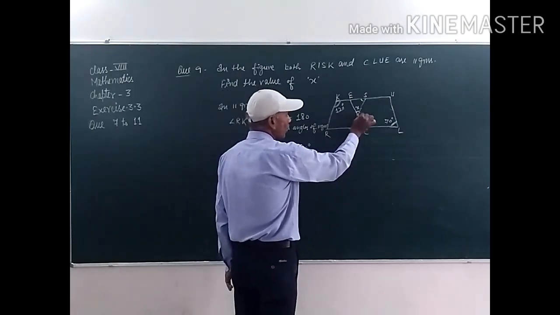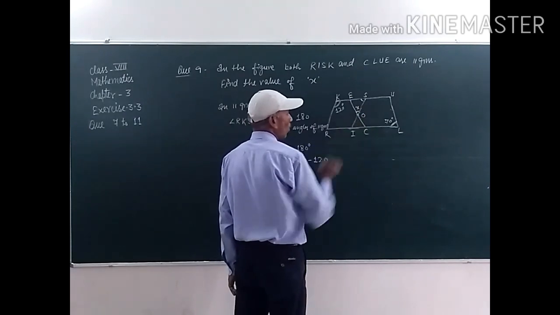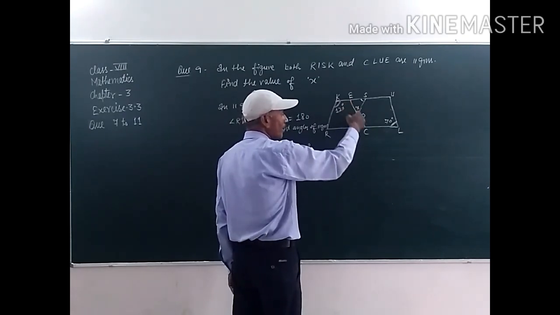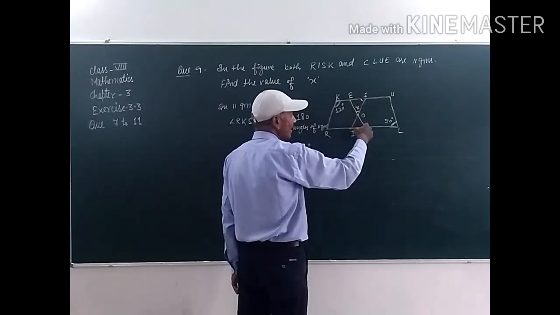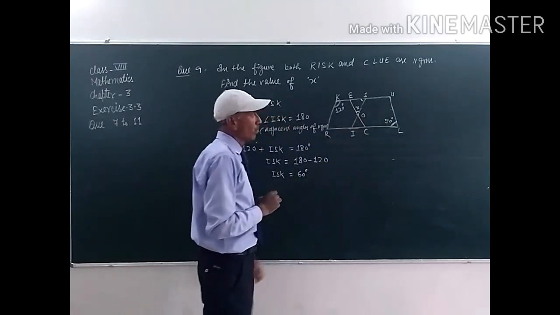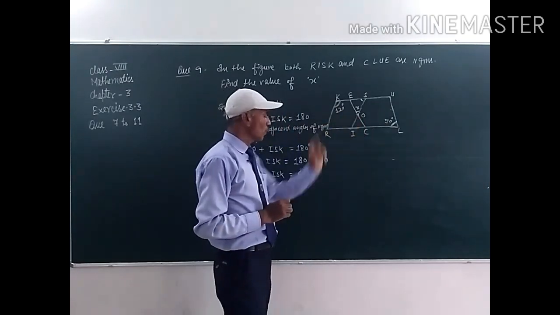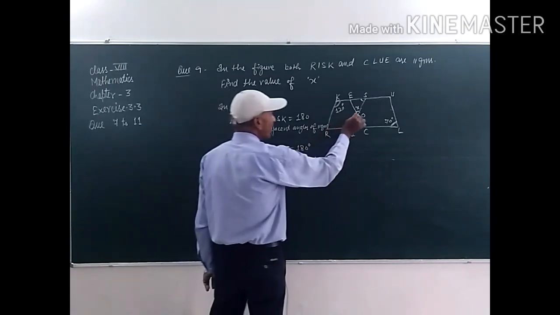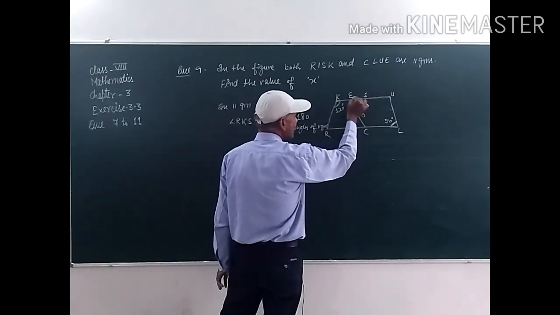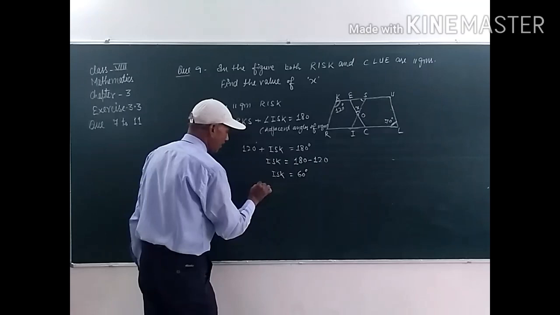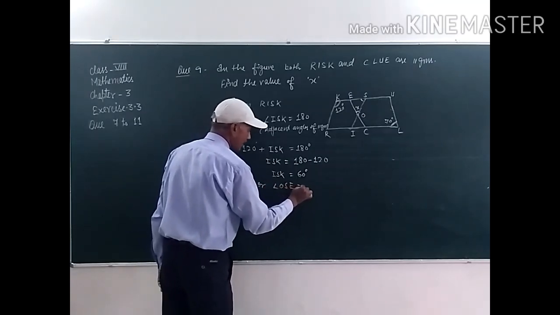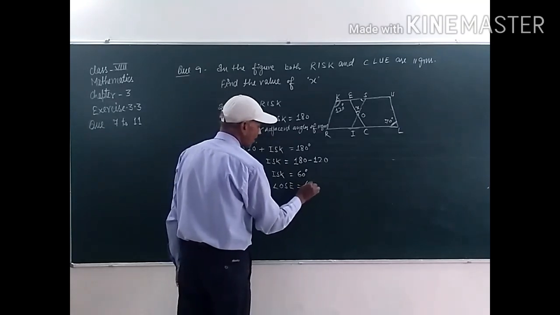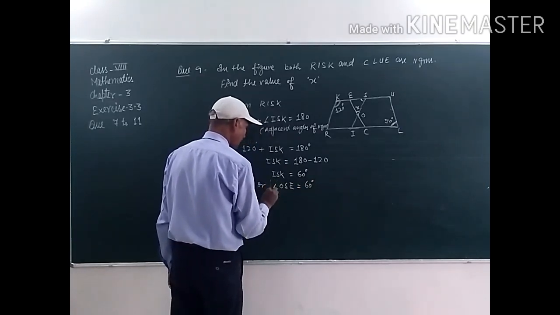Let the intersection point of this is O. Clear, student? Where these two lines, line IS and line CE, intersect each other, let that point be O. This one is O. So we can say that angle OSE is equal to 60 degree because this one is the same angle, student.